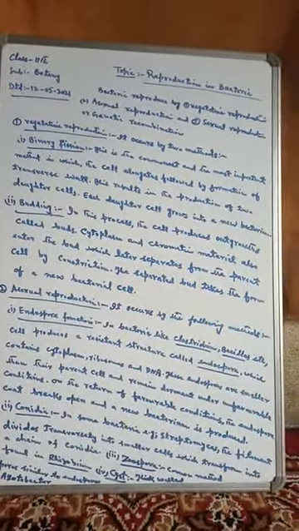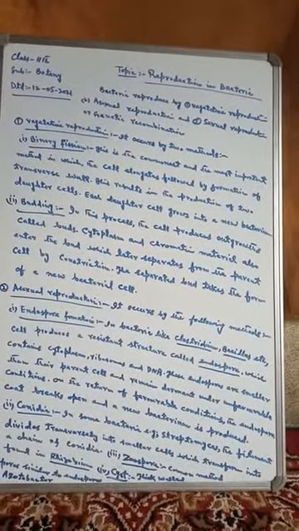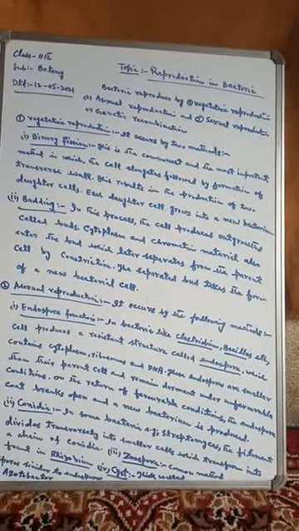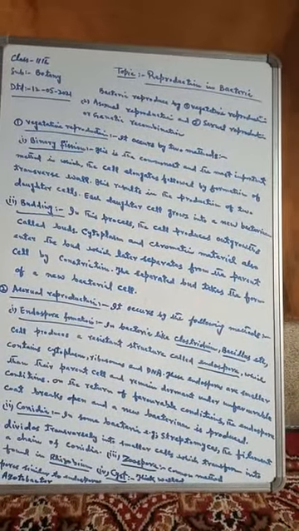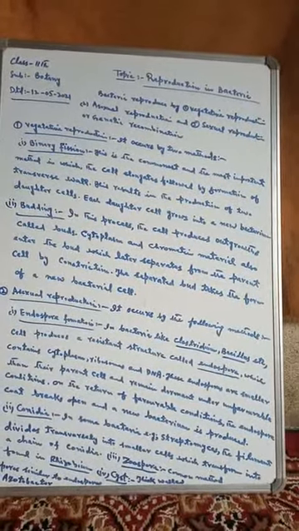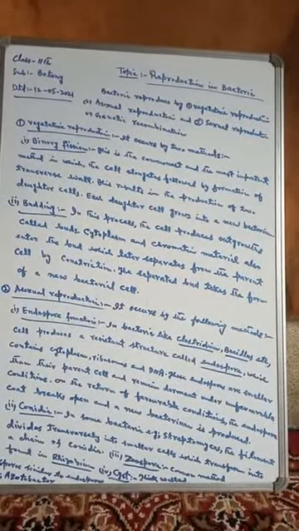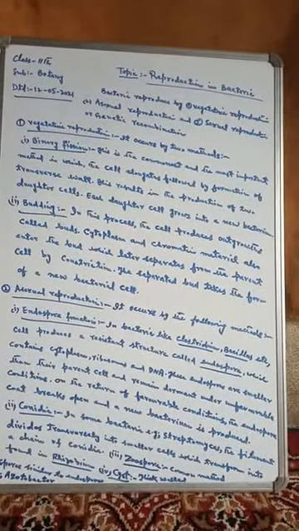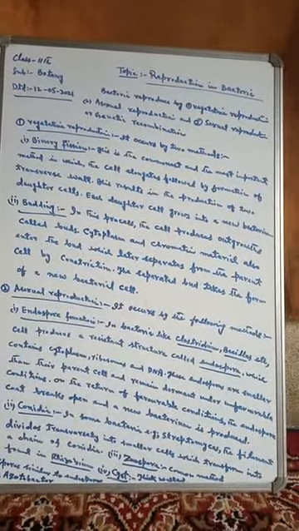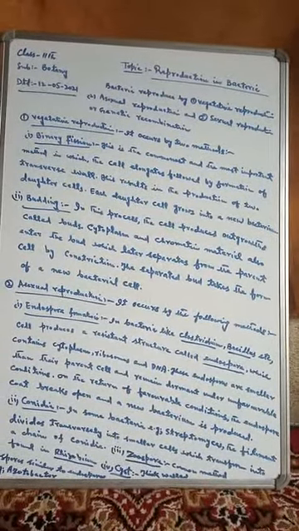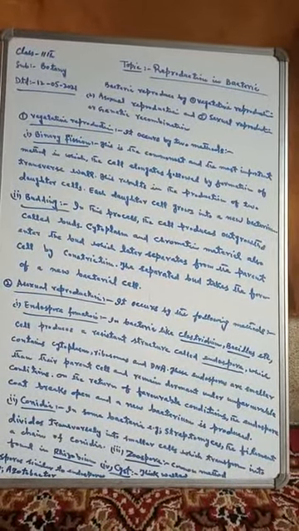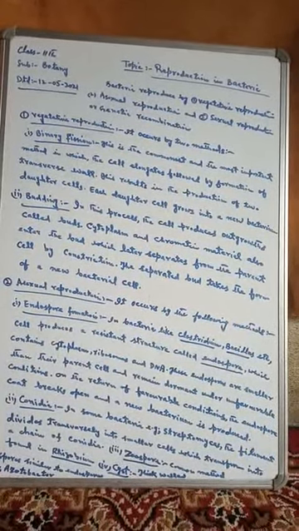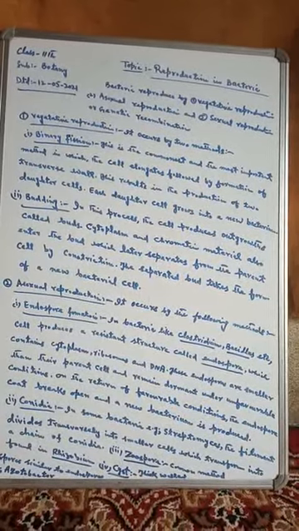Regarding the binary fission, this is the commonest and the most important method of reproduction in bacteria, in which the cell elongates followed by formation of a transverse wall. This results in the production of two daughter cells. Each daughter cell grows into a new bacterium.